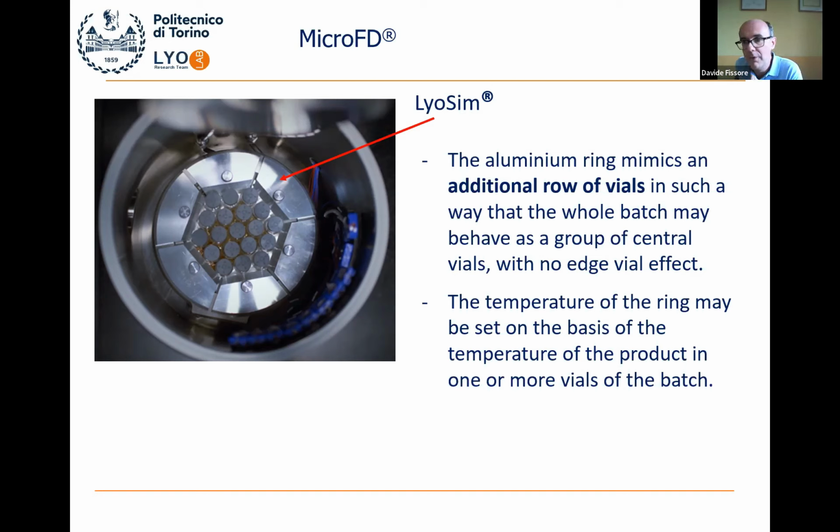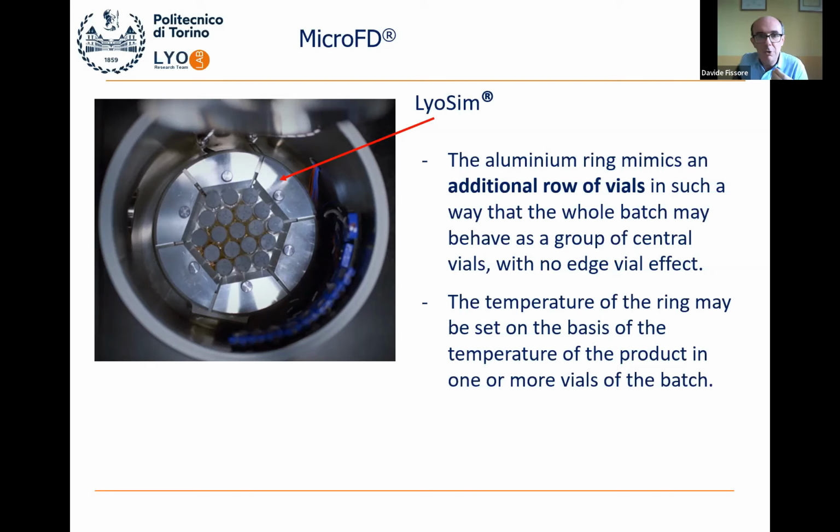This is useful for which reason? Well, first, obviously, the so-called central vials represent the majority of the vials of a batch. The drying time is related to the velocity of drying in the central vials.